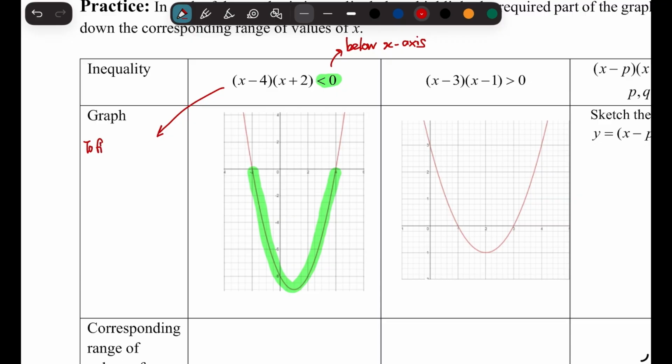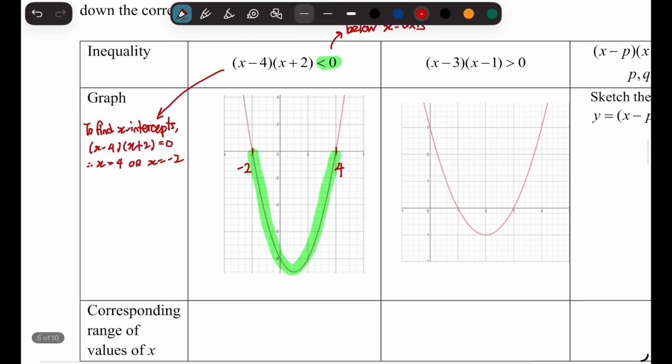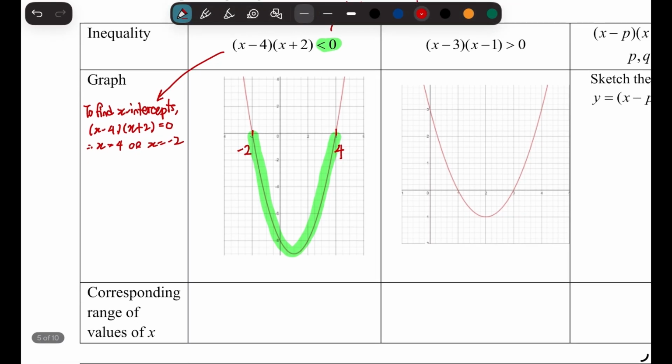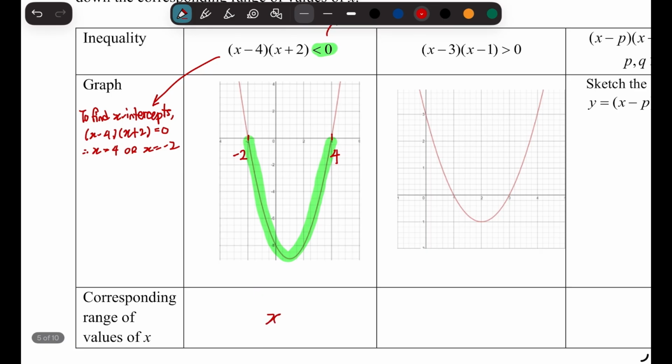To find x-intercepts, it is essentially just changing the inequality to an equal sign. x minus 4 times x plus 2 equals 0. Therefore, x is equal to 4 or x is equal to negative 2. So you can already see that from the graph. I'm just showing you how to know very clearly what the x-intercepts are. This is 4. So therefore, very simply, the part of the graph that lies below the x-axis is when x is between negative 2 and 4.